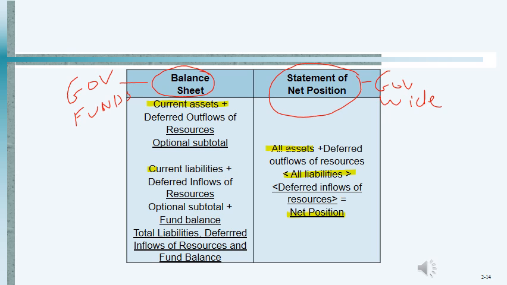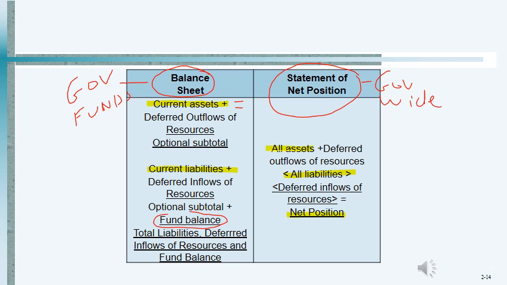Our current assets will be equal to our current liabilities plus our fund balance.